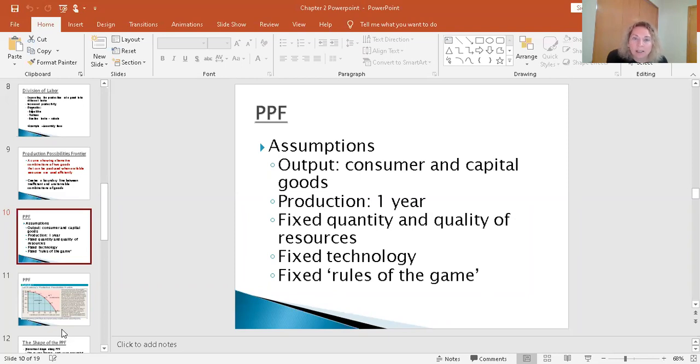Fixed technology. Technology is what makes labor more productive. Technology is one of the greatest resources that we have to increase production. And especially here in this country, we're always looking for new technology. And we actually, a lot of times, are on the forefront of that technology to increase production. Why?